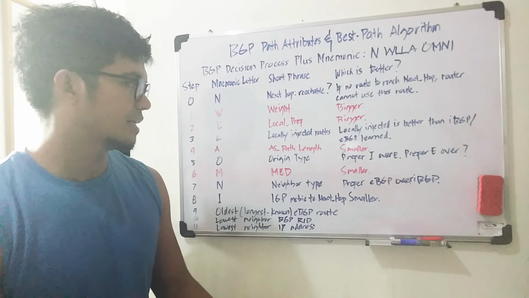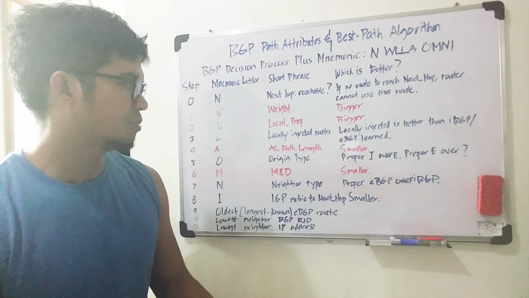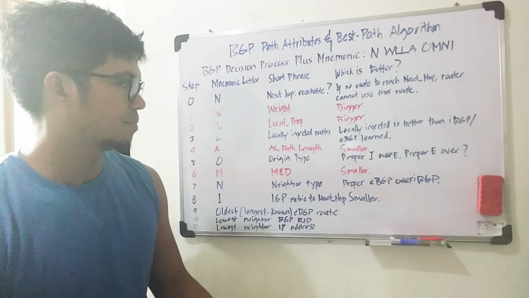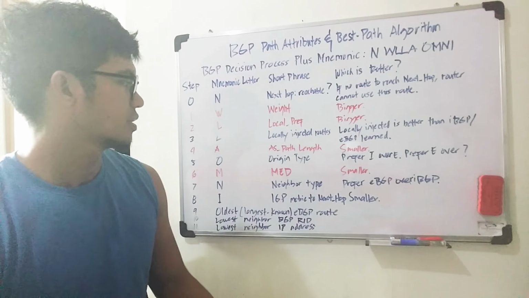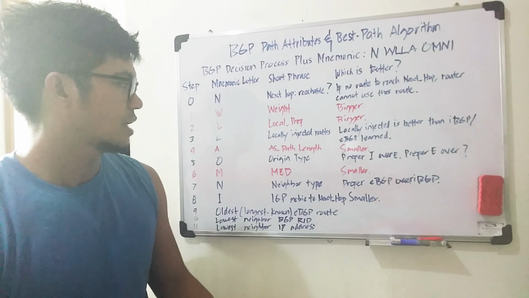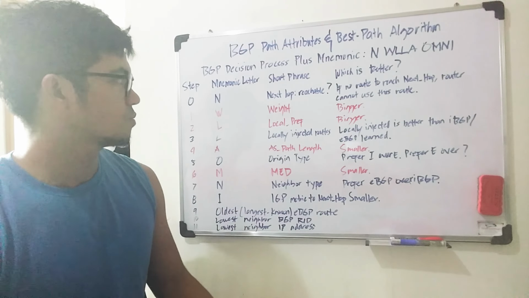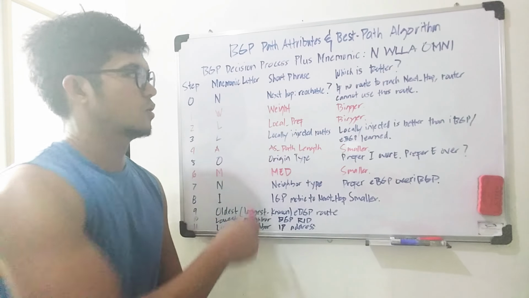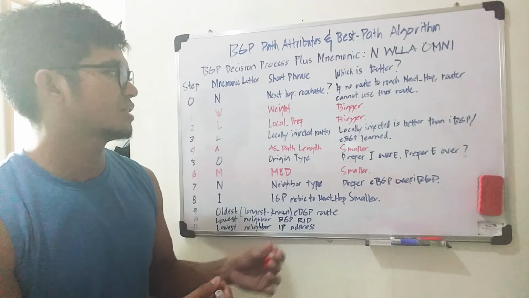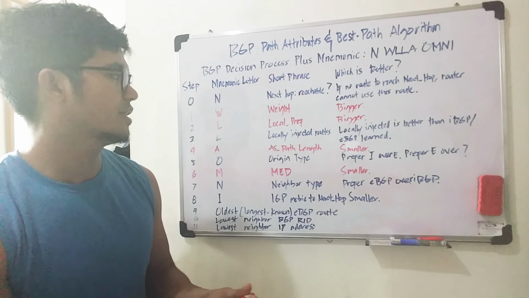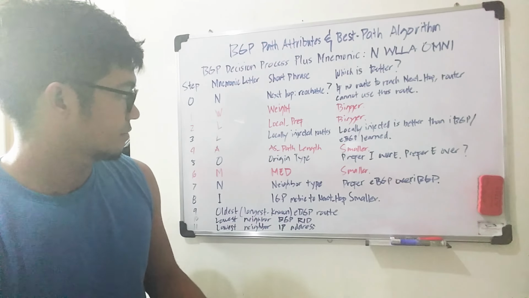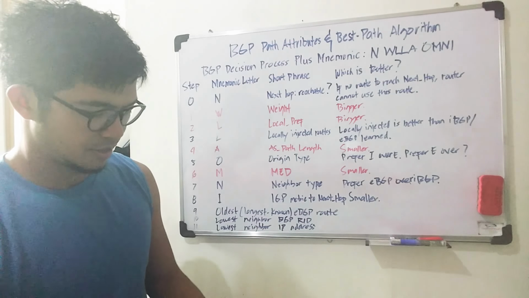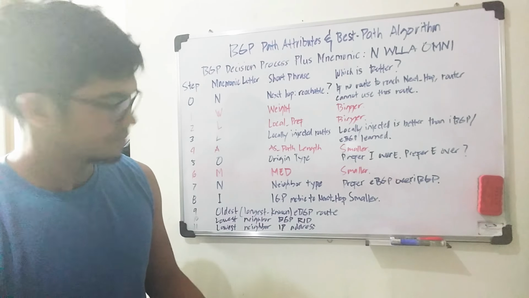By default, BGP is gonna prefer the path with smaller metric, and by default it is set to 0. By default here, weight is also set to 0. Local pref is 100.